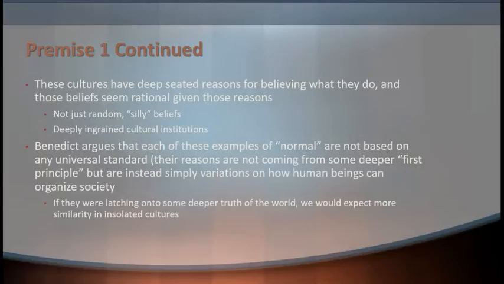But in the case of norms, standards and ideals, this just isn't the case. Instead, what we're looking at is a wide amount of variation. And this is because, Benedict argues, their reasons and their norms are simply variations on how a human being could organize society rationally, as they try to fulfill some needs. If they were latching onto these deeper truths, we would expect more similarity in isolated cultures. But instead what we have is variations. And so the only thing that we should take away from this is that there are variations, that there isn't some universal standard.